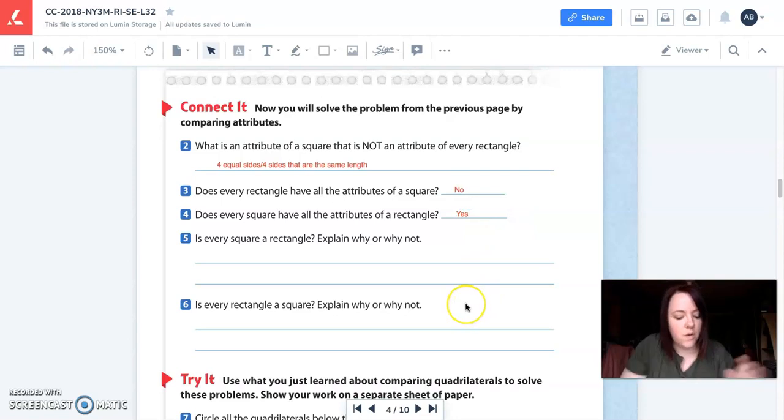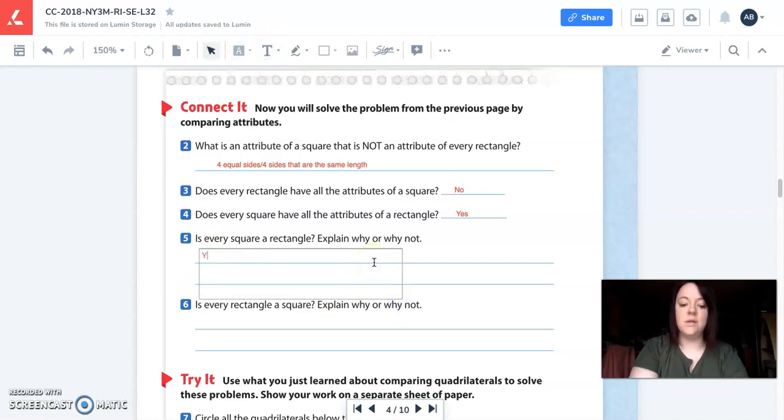Is every square a rectangle? Explain why or why not. Well, we just said it was, so yes, because a square has all of the same attributes as a rectangle.